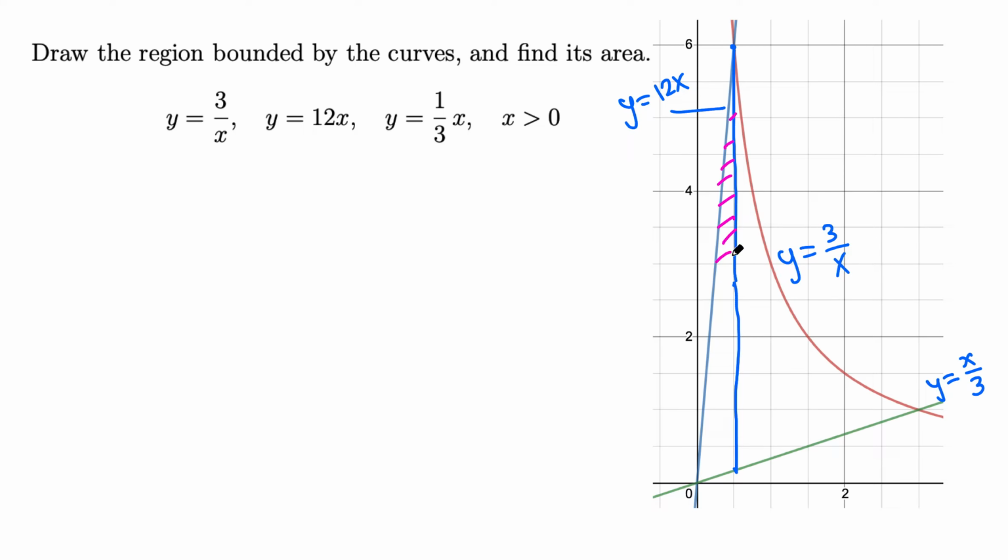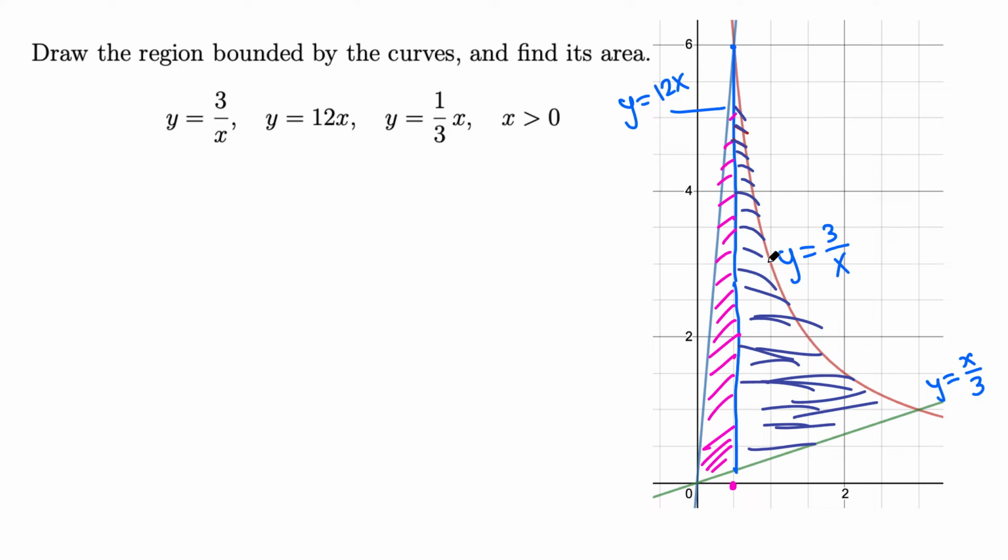So this is one part. Now I need to know this x coordinate. That's one part, and I got second part here. So let me draw with different color. So this is the second part. Okay, in this case, 3 over x is the upper curve, and lower curve is same in both cases.